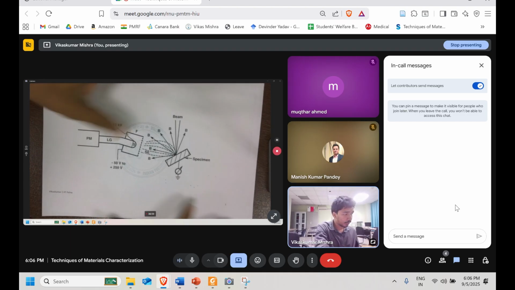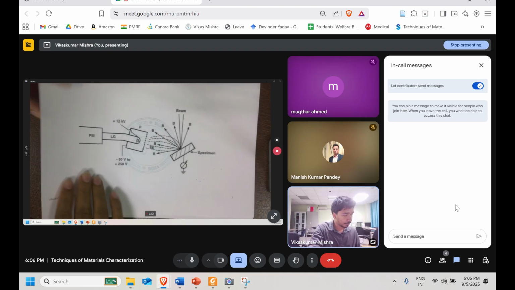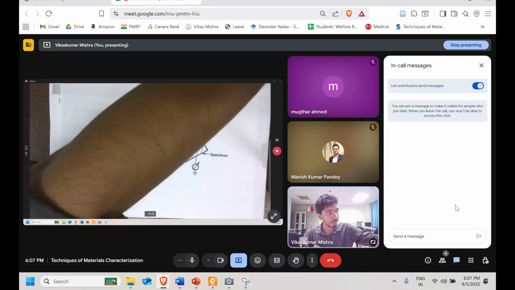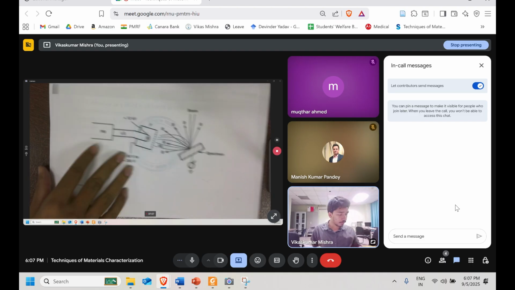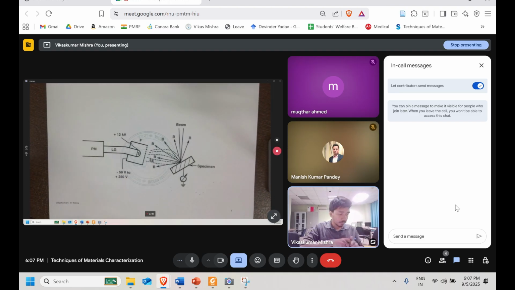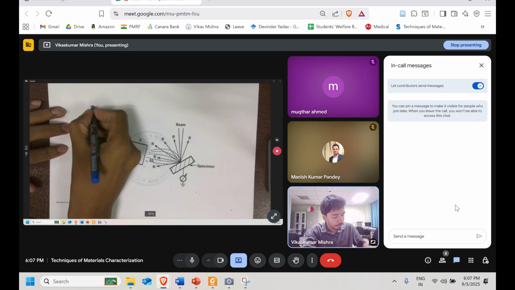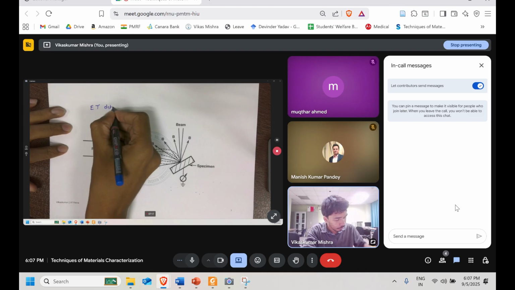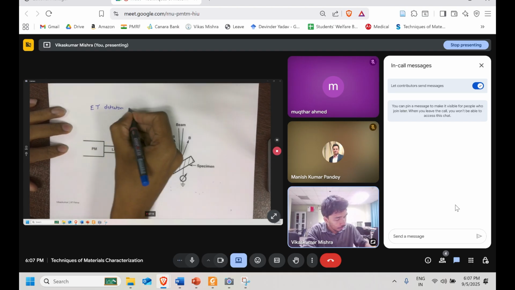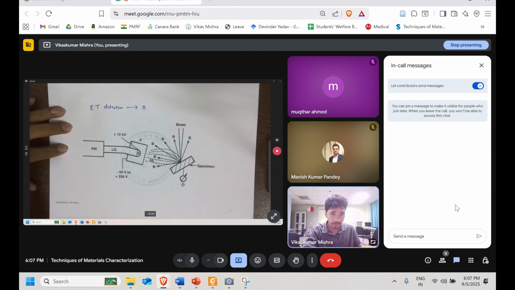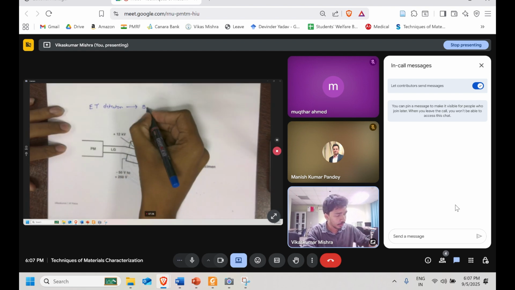let's revisit the ET detector, which nowadays we primarily use for the secondary electron.